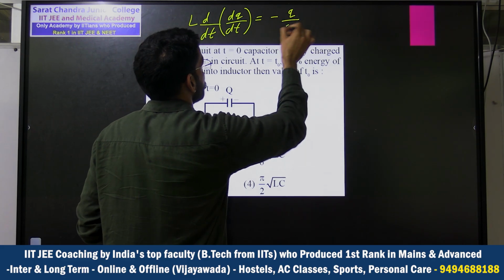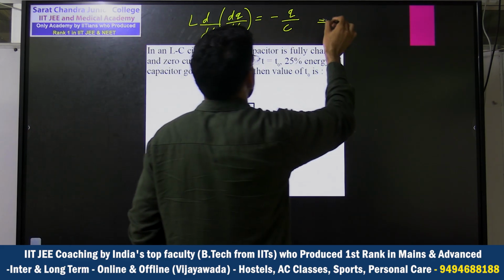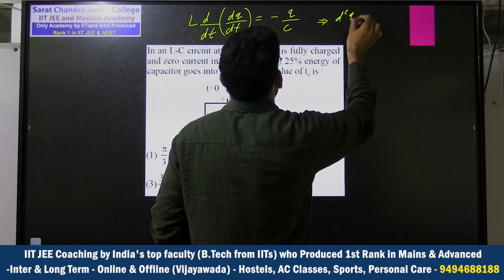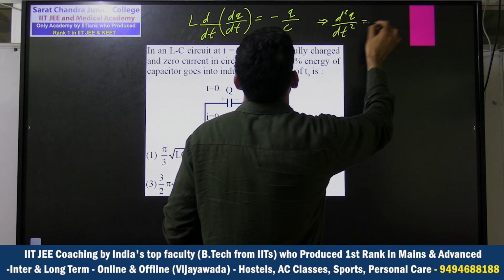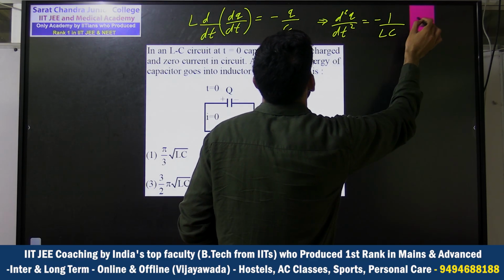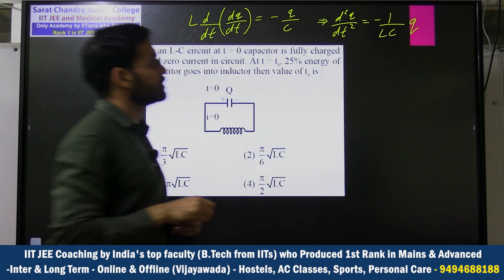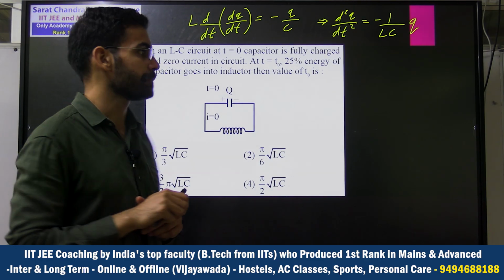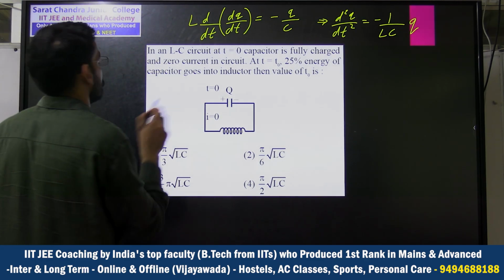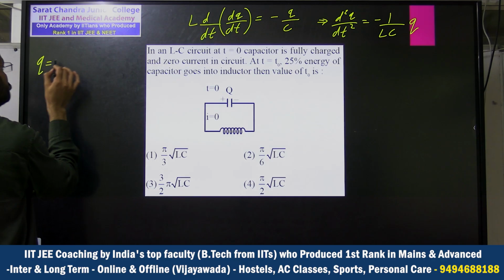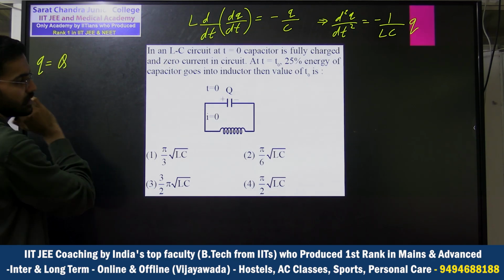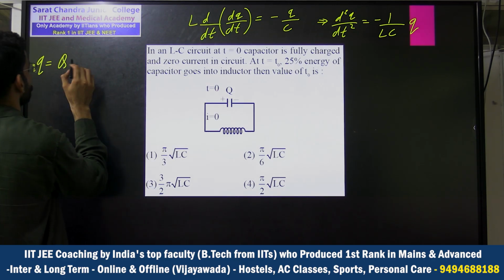Q by C. So from here you understand that d squared q by dt squared is equal to minus 1 by LC into Q. So this is something like SHM. So by that I should understand that here the charge will come. Q is equal to Q naught, capital Q let's say, since he is using capital Q only.